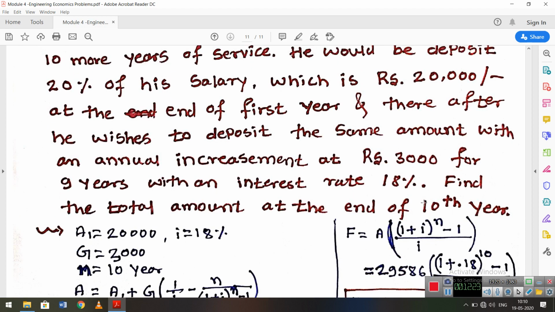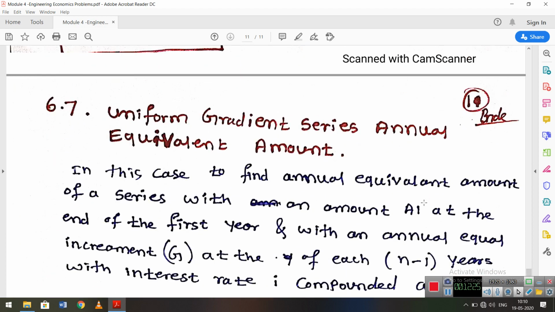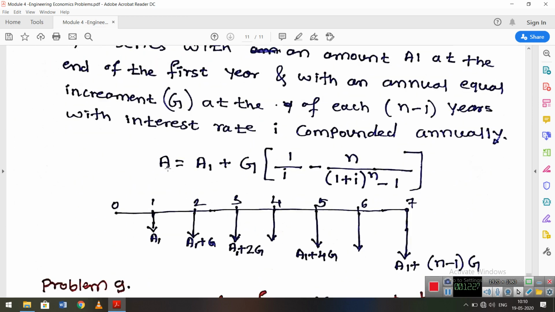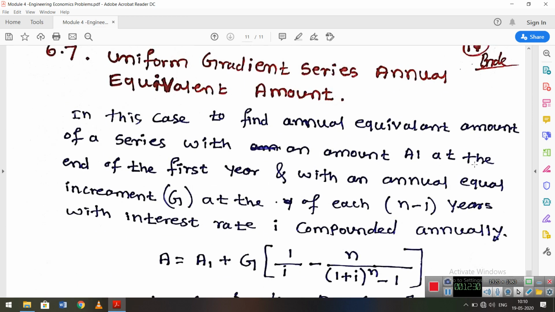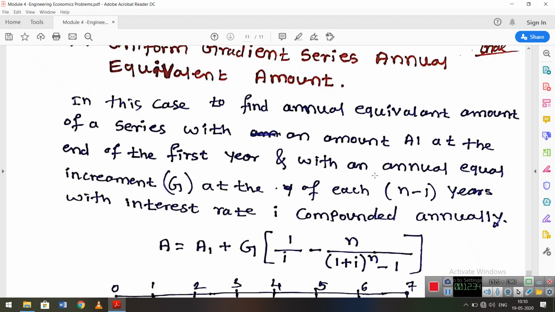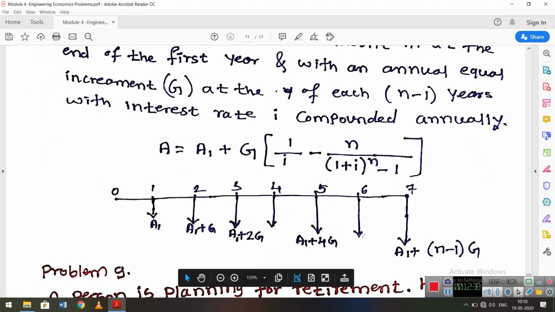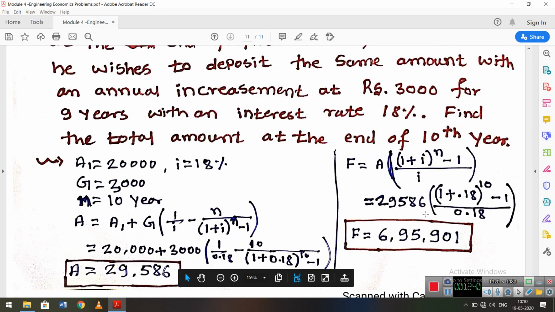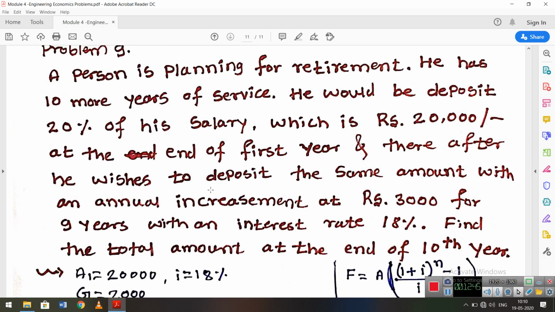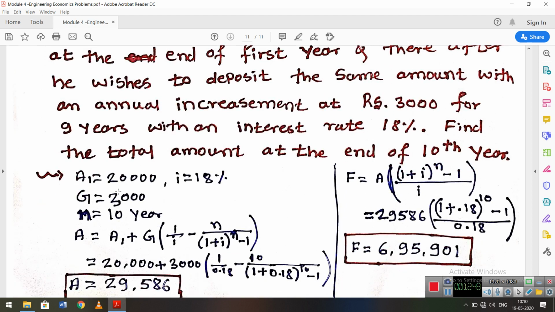Then the main thing we have to find is the A value, the annual equivalent amount, by considering A1 and this cash flow chart. Here the annual deposit from salary is 20,000.